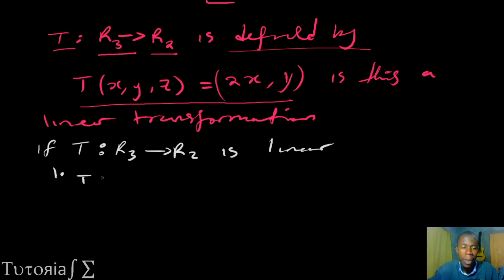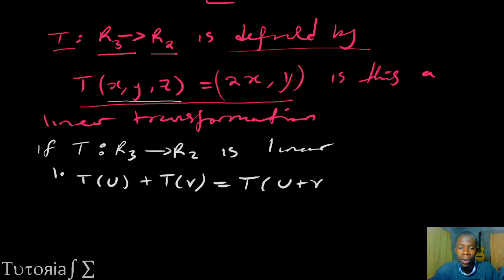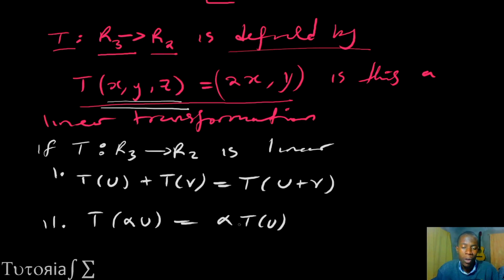The first thing is that the transformation of two vectors belonging to R3, transformed individually and added, should give the same thing as the transformation of the 2 vectors combined. Secondly, if you transform alpha times a vector, it should produce alpha times the transformation of the vector.